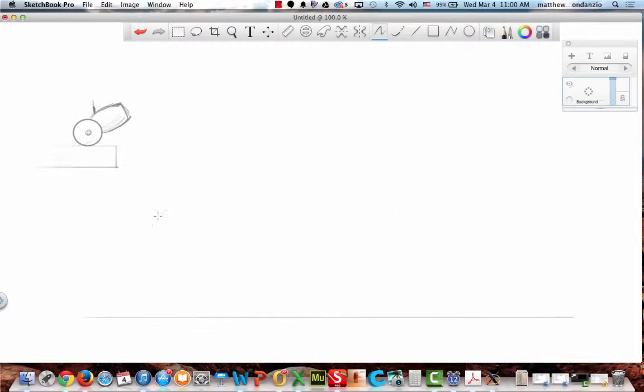Quiet. Okay, so here is a scenario. I'm trying to figure out how complicated I should make this problem.